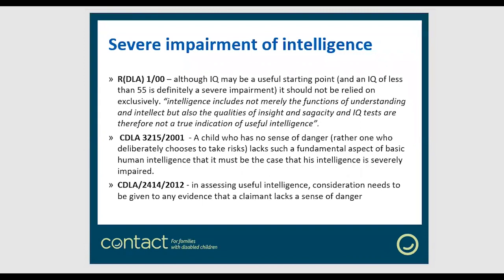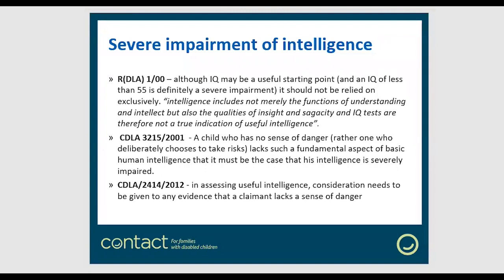But what's really interesting is that over a period of time, we now have a more nuanced understanding of what the test really should be. There is some really useful case law that basically says it's not simply a test of IQ, of your child's intellect.